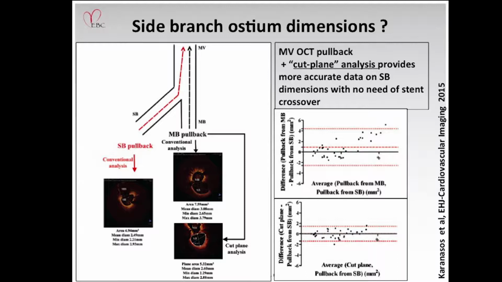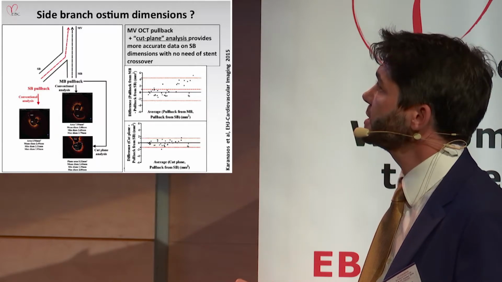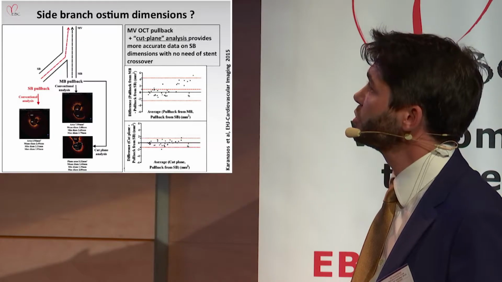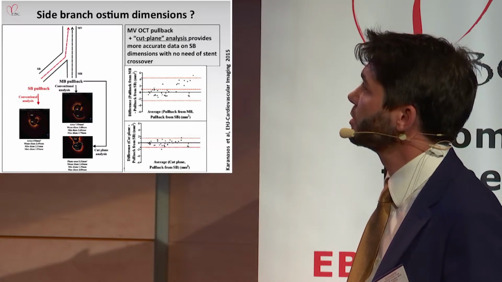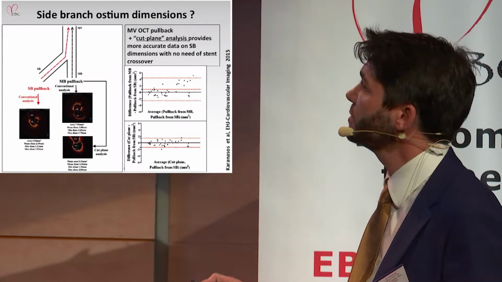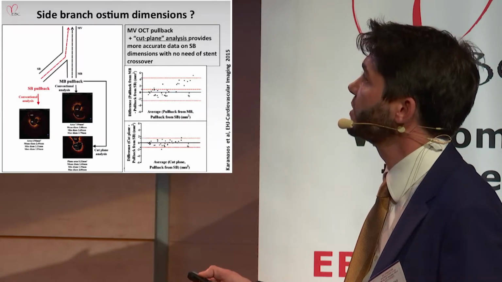In this paper from the Rotterdam group published last year, the authors did 2 different analyses. They did a main branch to main vessel analysis and tried to measure the ostium dimension with this pullback, and they compared it to the gold standard, which is the conventional analysis with a side branch to main vessel pullback.